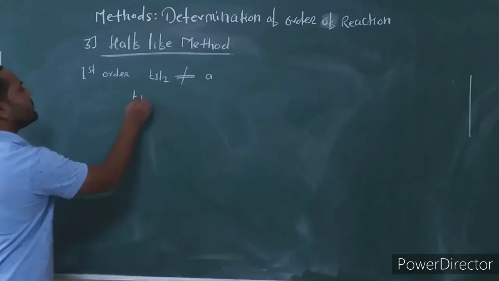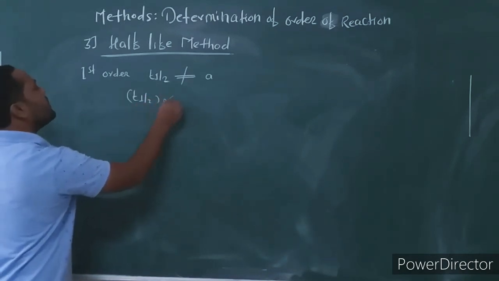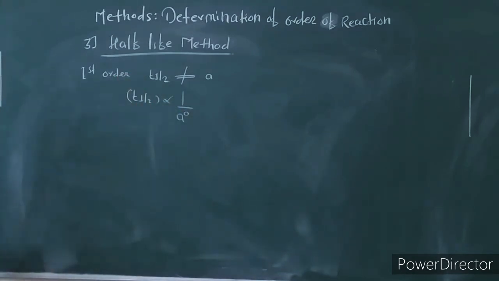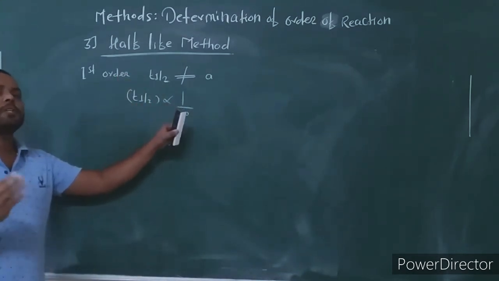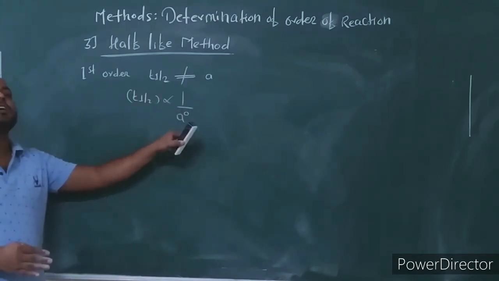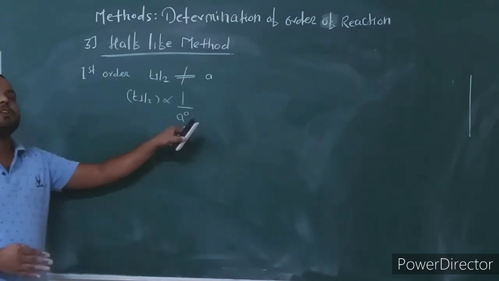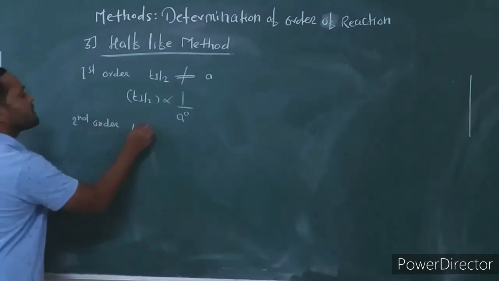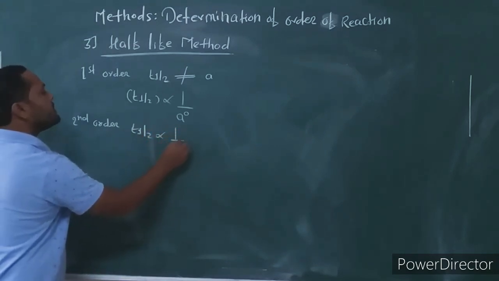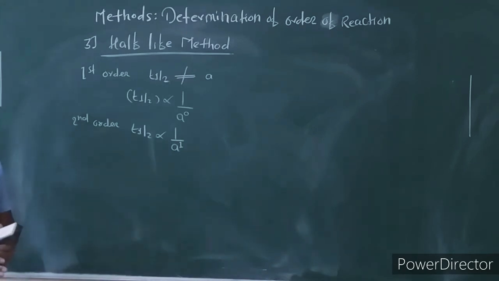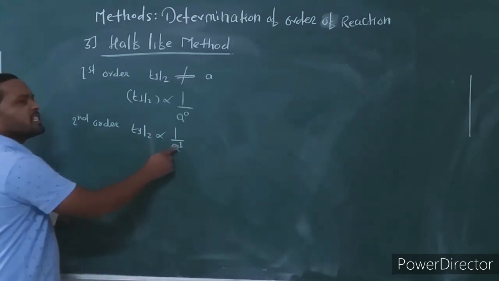For the first order reaction, we can write that the half-life period is inversely proportional to the initial concentration of reactant having power 0, so it is independent of initial concentration. For the second order reaction, the half-life period is inversely proportional to the initial concentration having exponent 1.